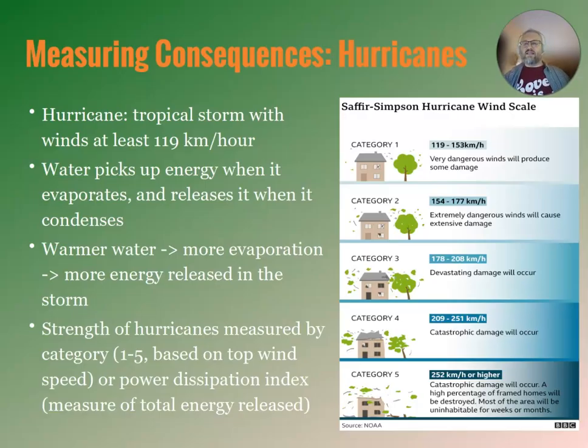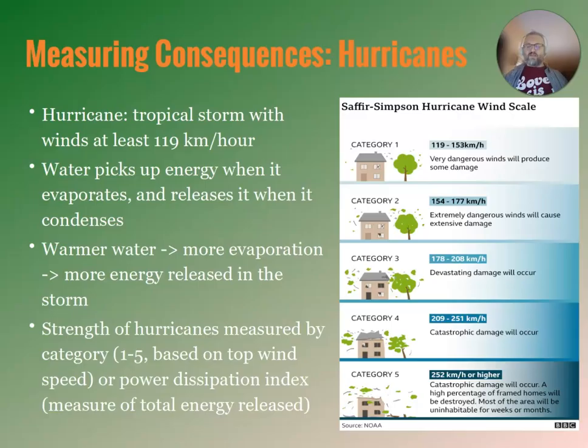And so it's a 5-point scale. So category 1 are the weakest hurricanes, the storms that are just barely strong enough to be a hurricane. And then category 5 is the highest category, so that has the strongest winds. And so correlated with the strength of the winds is what's called the power dissipation index. So that's a measurement of how much energy the storm is releasing.